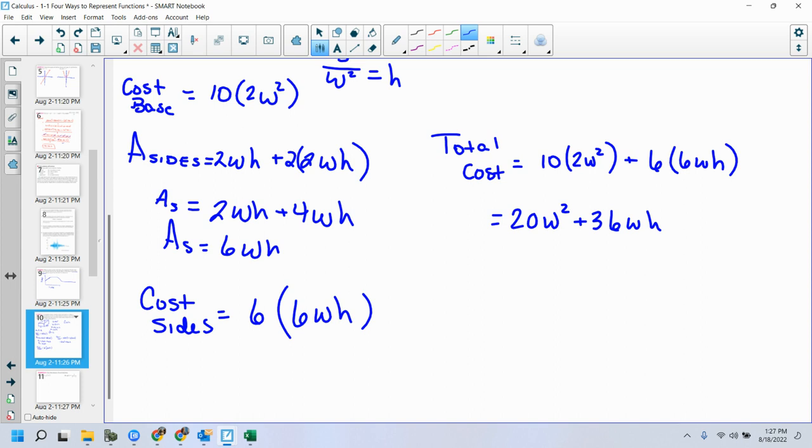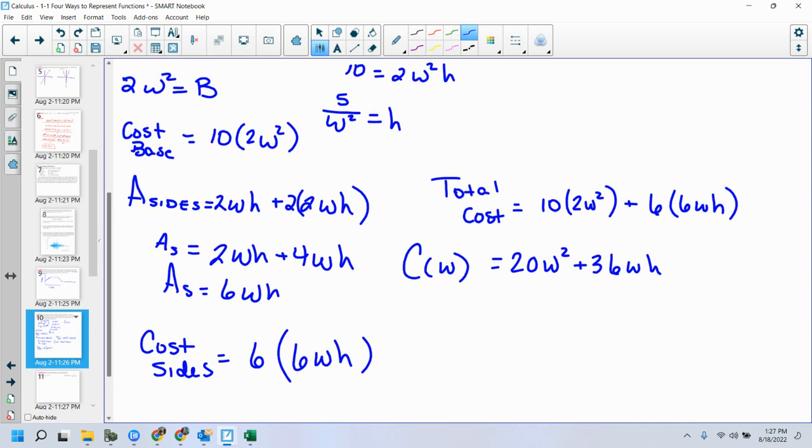Okay, now, can I do this now? Cost as a function of width? I cannot, because there's H within my equation. Oh, wait. We had an equation for H. So let's take this and plug it right in there.